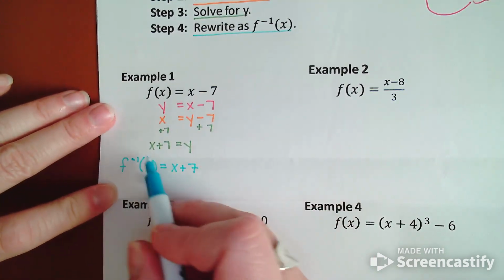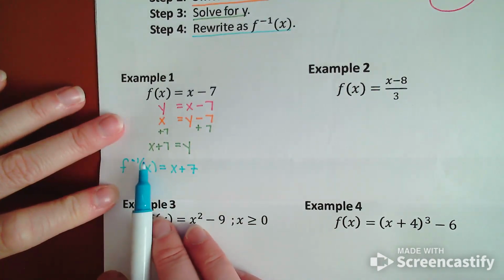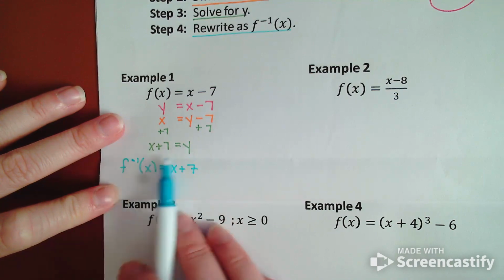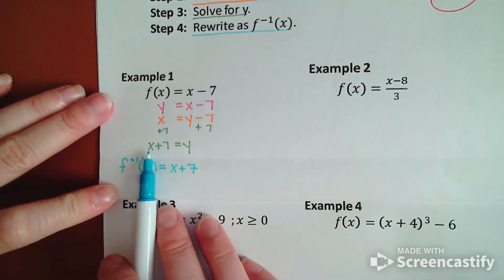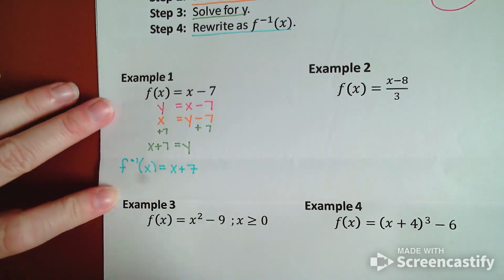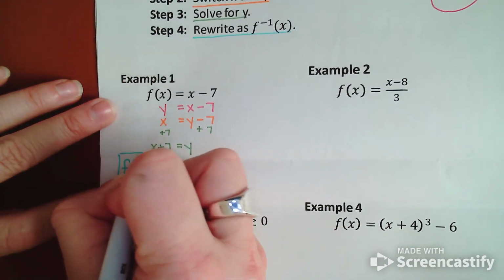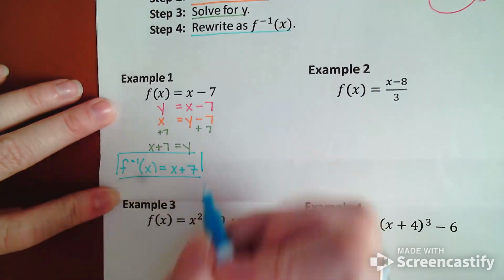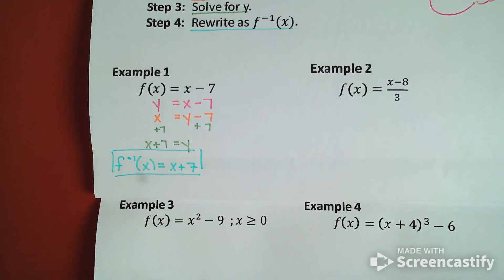Remember, when we're using this f inverse of x, that is in lieu of, or replacing, that y. So what is y equal? x plus 7. What does f inverse equal? x plus 7. That is our inverse of our function.